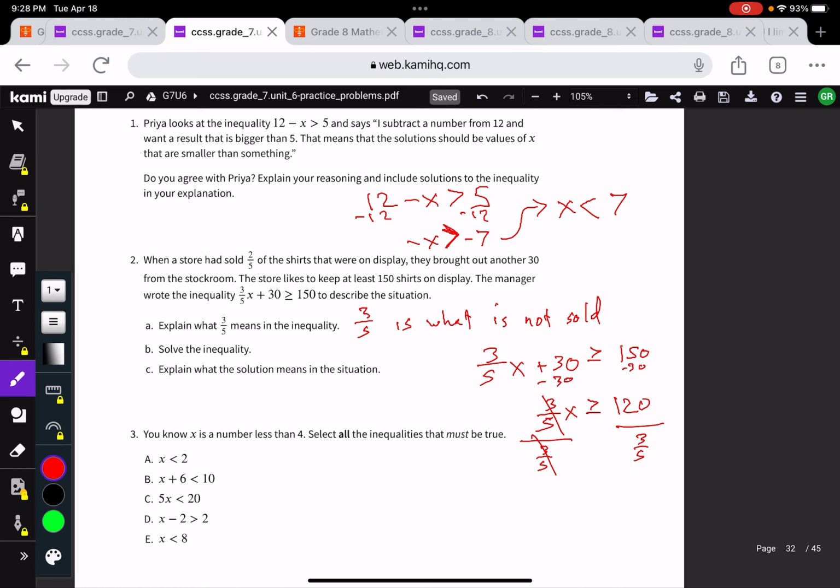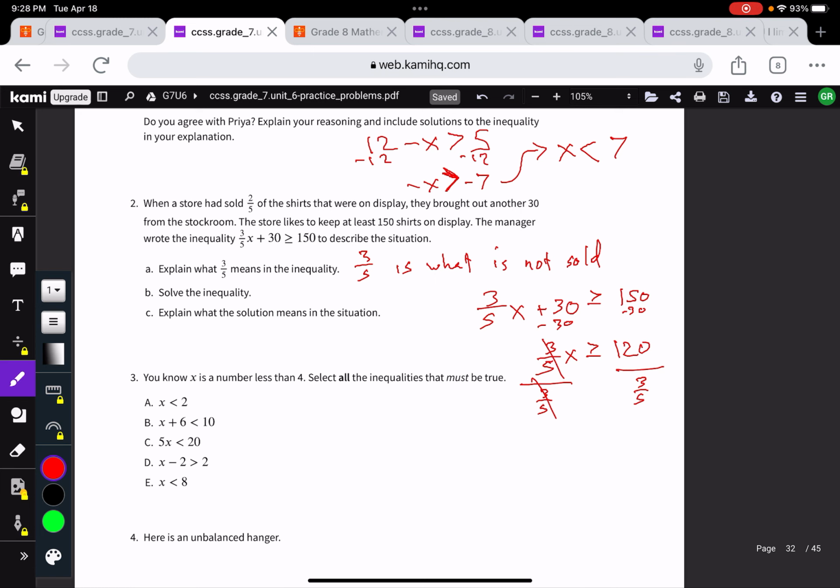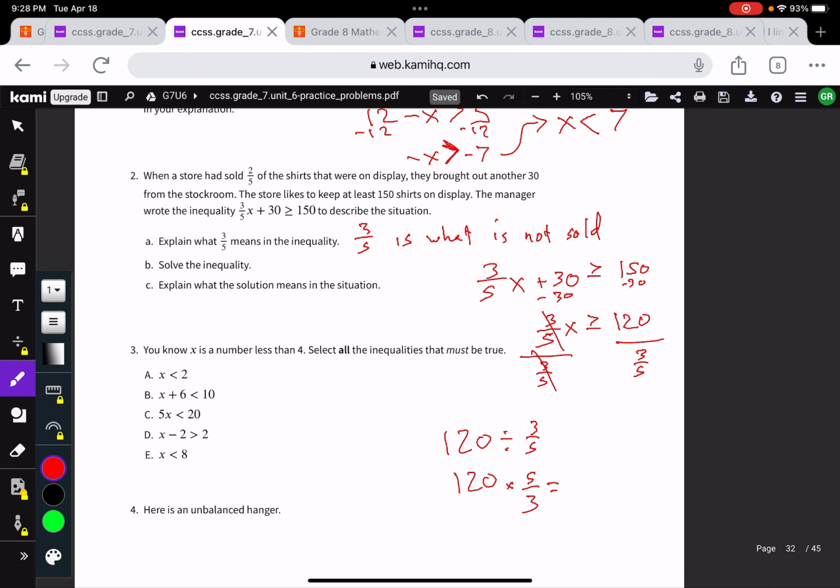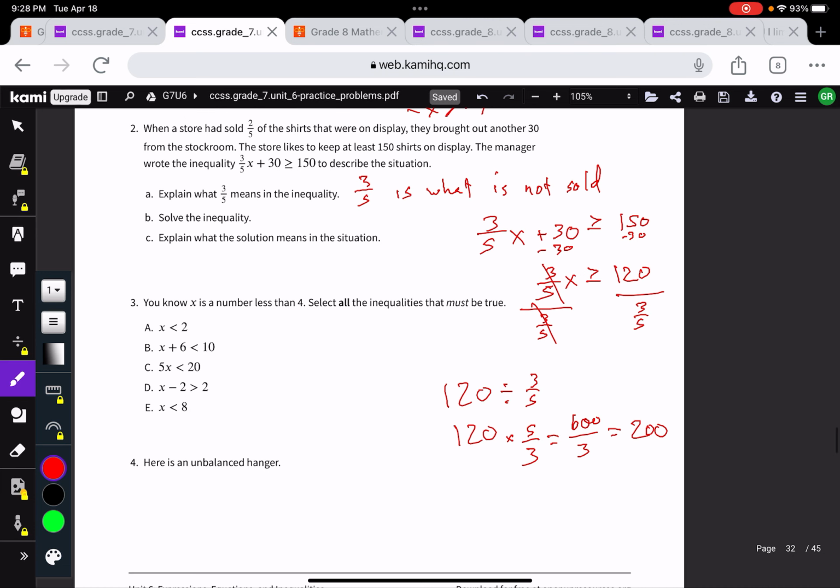Now I got to do 120 divided by 3/5, which is the same as keep, change, flip. And I would get 600 over 3, which is equal to 200. And so x is greater than or equal to 200.